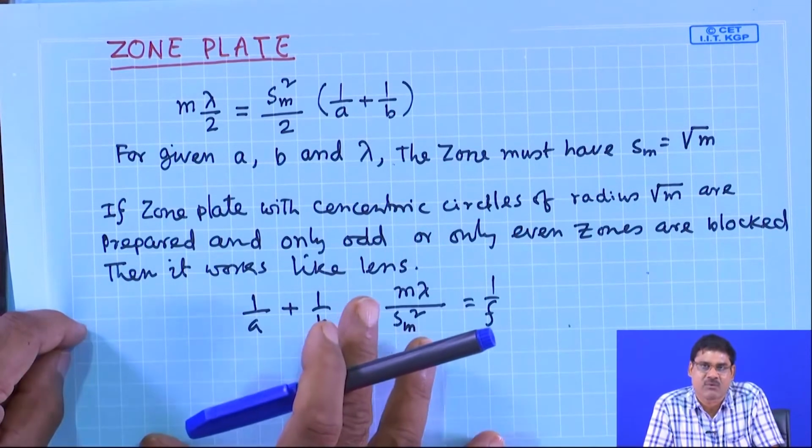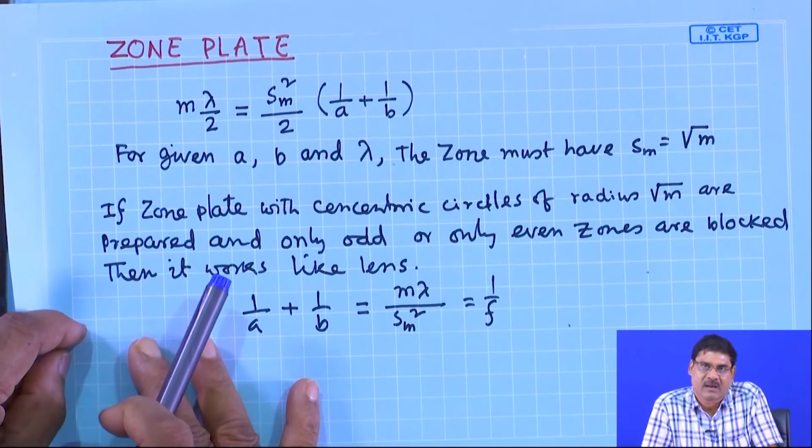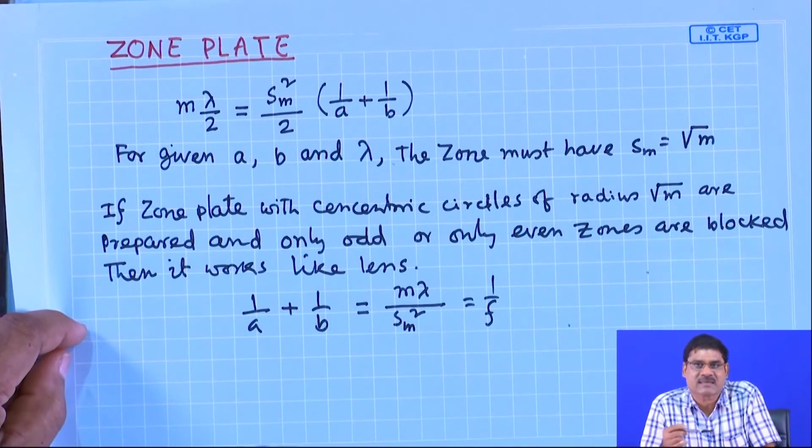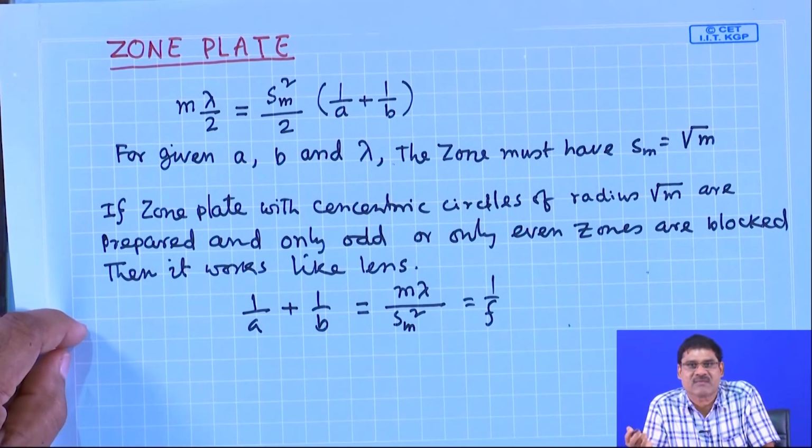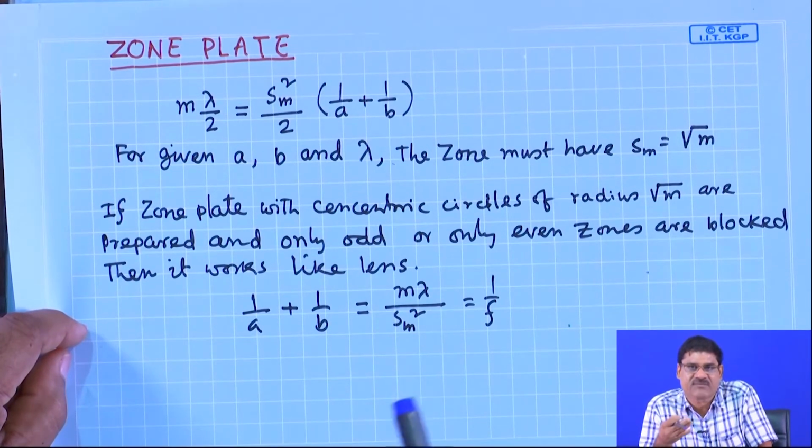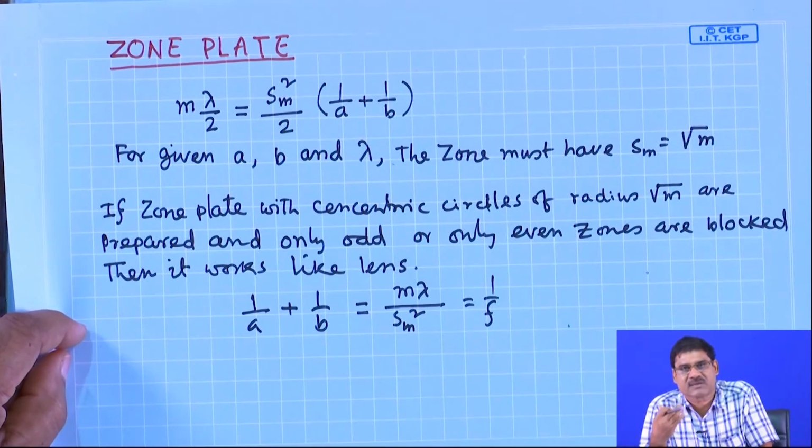Then what will happen? Instead of A1 minus A2 plus A3 minus A4, where the wavelets arrive in opposite phase, now they are in phase, coming from the first zone, third zone, fifth zone, or alternatively the second, fourth and sixth zones.